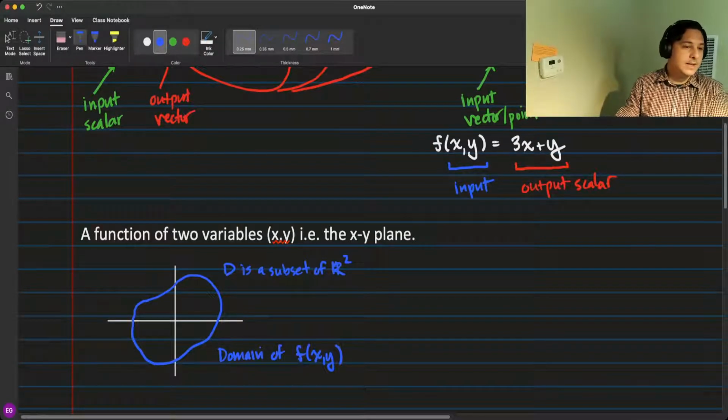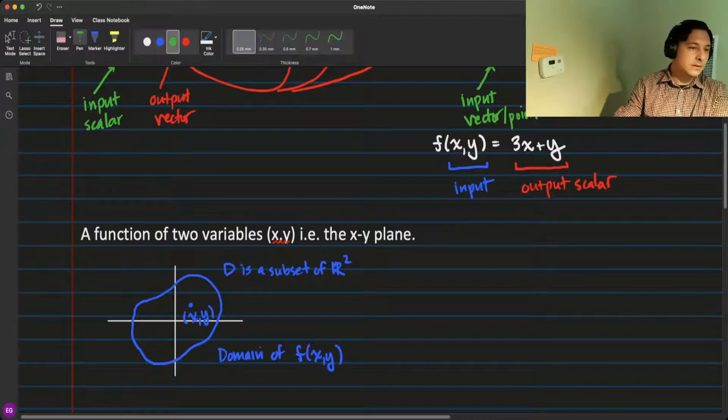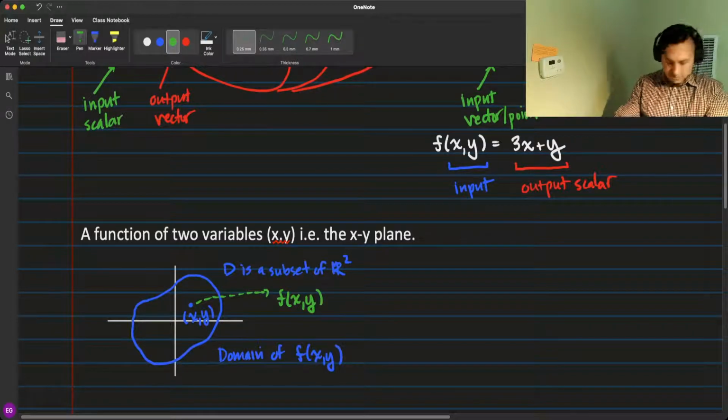Okay, so the idea is you choose a point right here in the domain, this point x comma y, and you can feed it into your function f. And your function f, after you feed in this point x comma y, spits out a single number z.